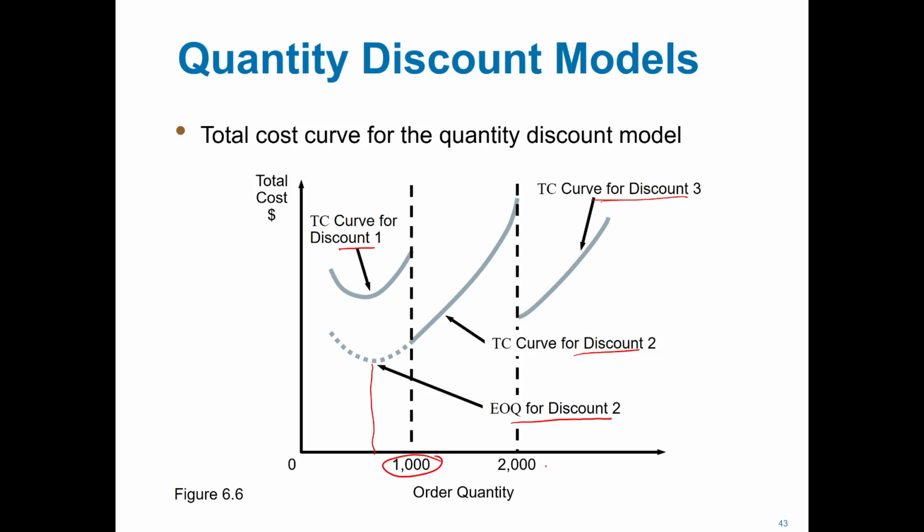And the same goes for schedule number 3: if we order a minimum of 2,000 pieces, then this discount 3 curve will be there. So it means that we have to order at least 2,000 units. Now let's look at how we calculate these three costs.